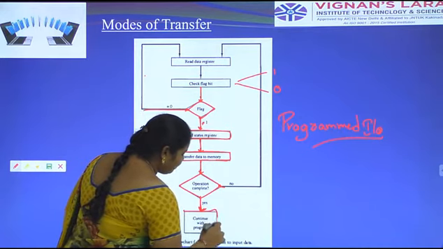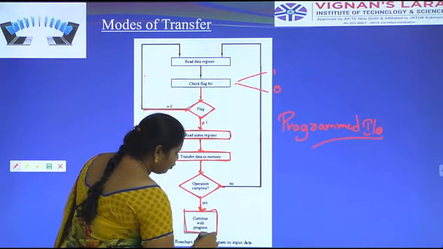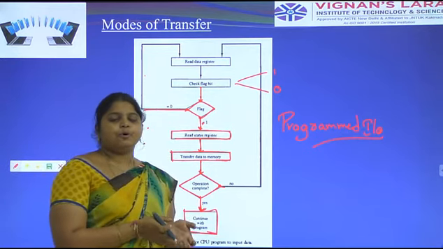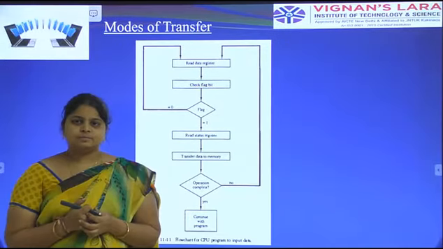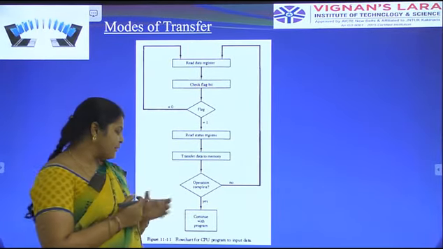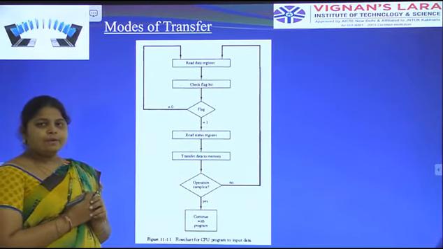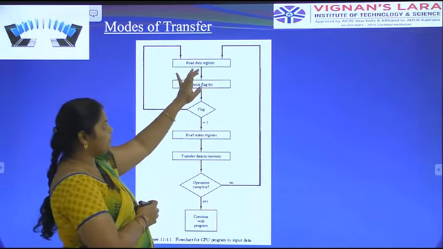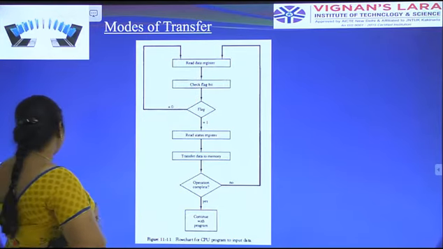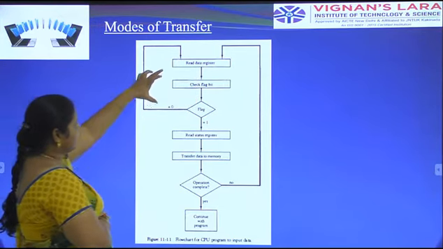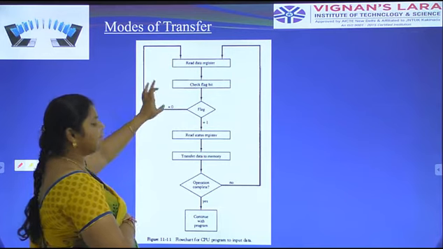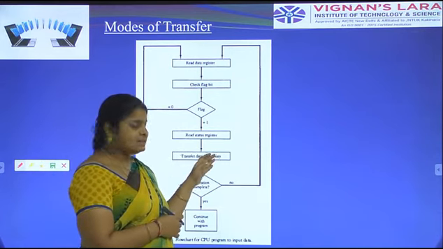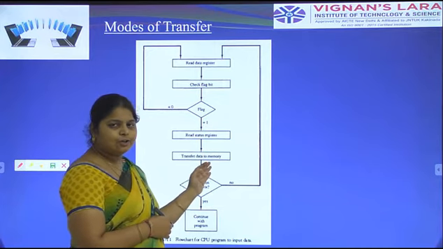Here, continue with the program. The operation is successfully completed, then the program continues. This is the flow chart for programmed IO. Here we have to read the data from the input and output devices: read the data register and check the flag bit, whether the flag bit is 0 or 1, and read the status register and transfer the data to the memory.